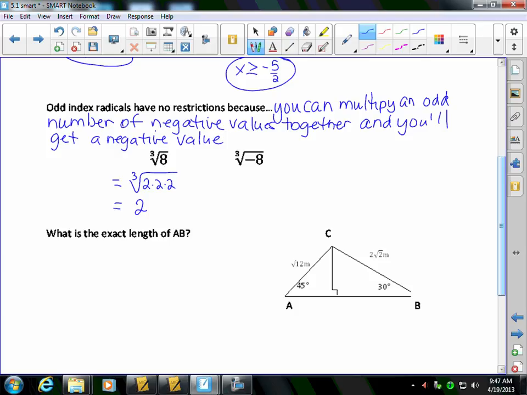So that means the cube root of negative 8 is going to be a negative 2. Because negative 2 times negative 2 times negative 2 equals negative 8. So that's why it works for odd indexes.